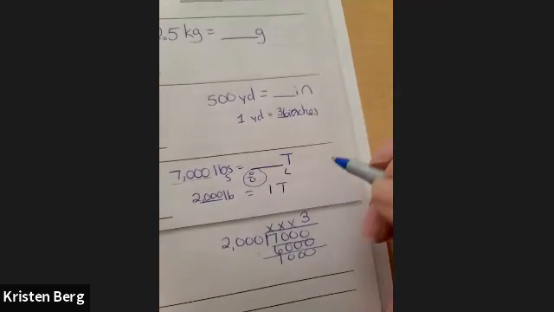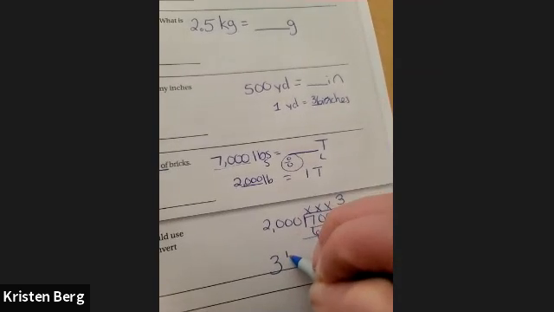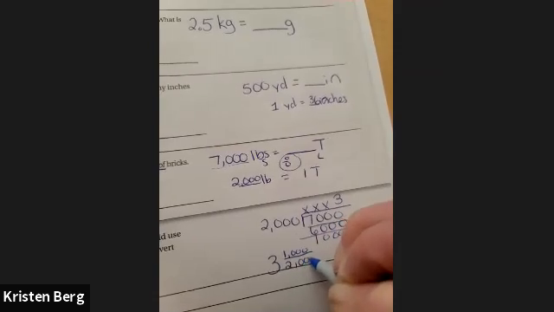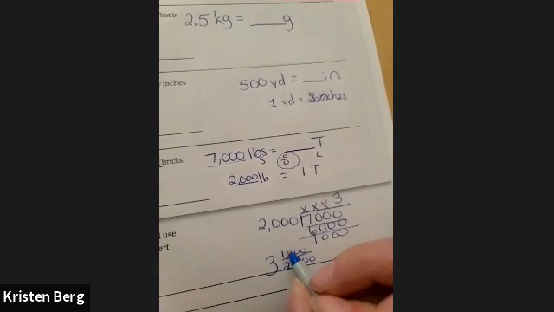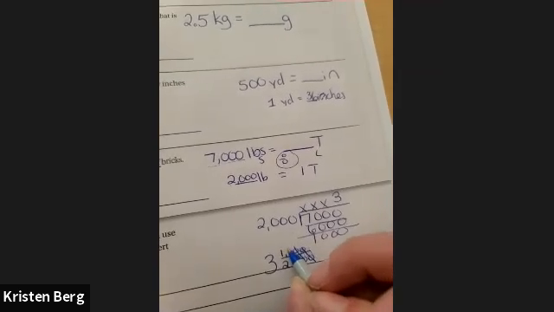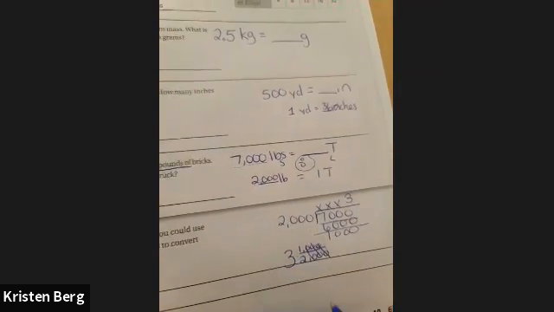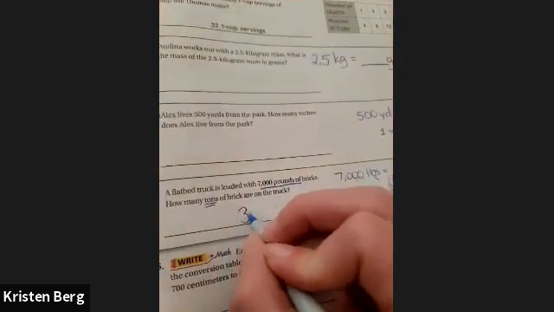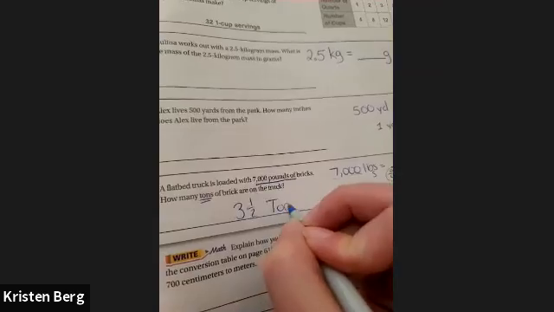So in this case, your answer would have been 3 and then 1,000 over 2,000, which I know that's very big. You could have actually crossed out all these zeros because they would have canceled each other out. So you could have also said it would have been 3.5 tons.